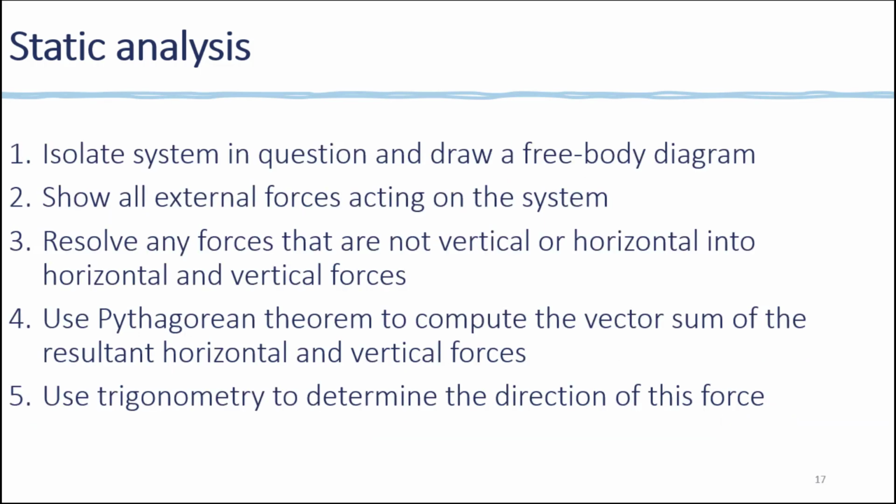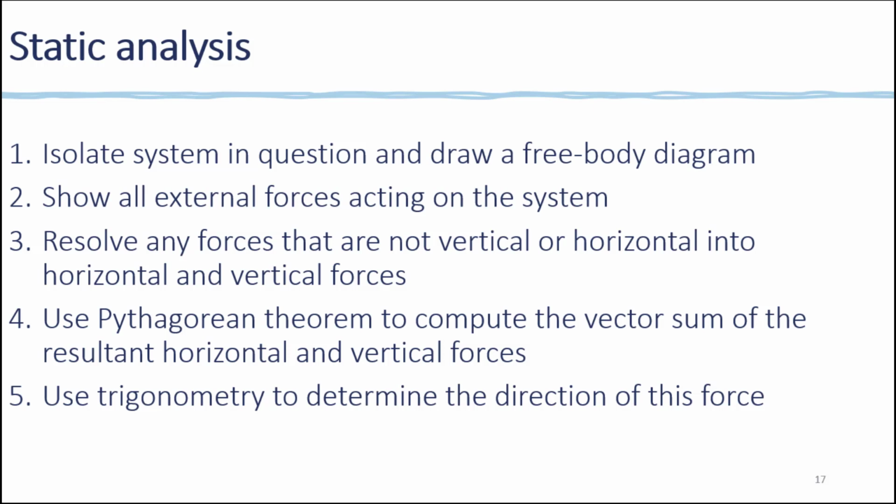So let's just summarize the steps involved in determining reaction forces in a static situation. So first, you isolate the system in question from the environment and you draw your free body diagram. Next, you show all the external forces that act on the system. And don't forget the force of gravity.